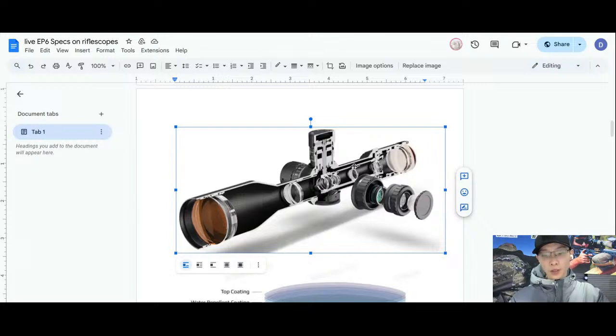So if you increase the tube size, it's usually going to allow a bigger adjustment range. The biggest advantage of going into a bigger tube is to allow more adjustment without compromising too much of the image through the scope.